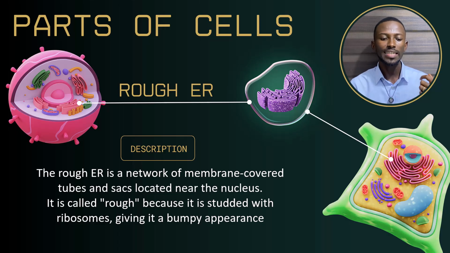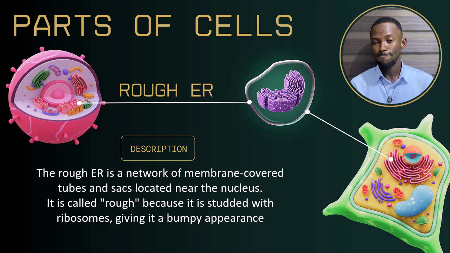Description. The rough ER is a network of membrane-covered tubes and sacs located near the nucleus. It is called rough because it is studded with ribosomes, giving it a bumpy appearance.